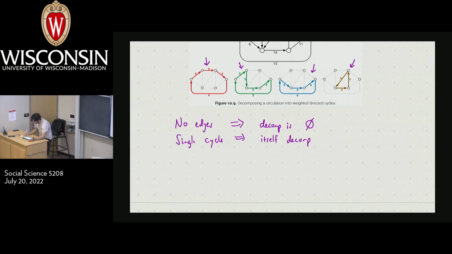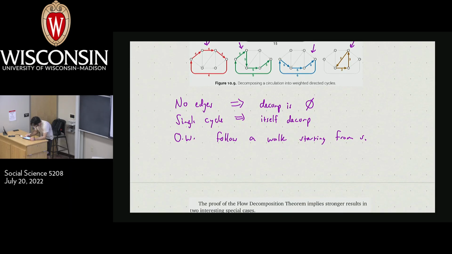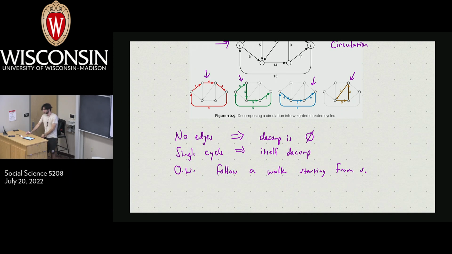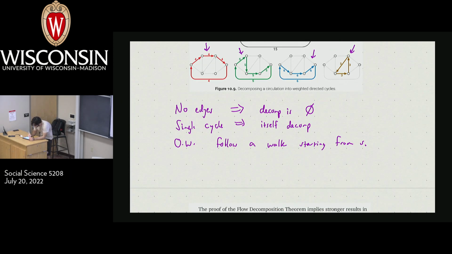In the last case, what we're going to do is find any walk in the graph, following a walk starting from S. And remember, we proved in class that every walk contains a path. And how did we prove that? Basically, if we start somewhere and we just keep moving around, we either hit T, and so it's a path and we're done, or we repeat some nodes.